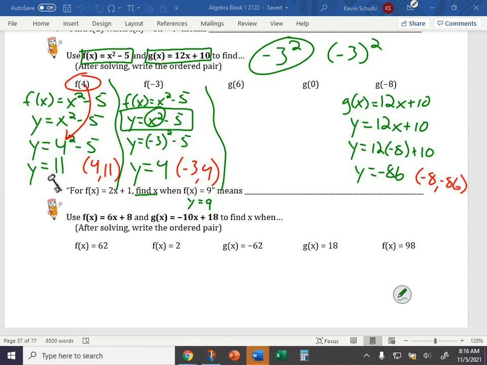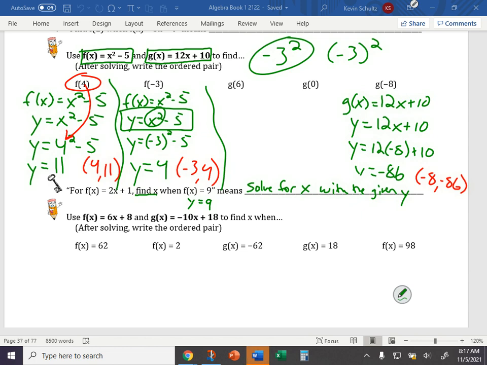Okay? Means solve for x, sorry, I wrote it backwards, with the given y. Okay? Find x when f of x equals 9 means solve for x with the given y.